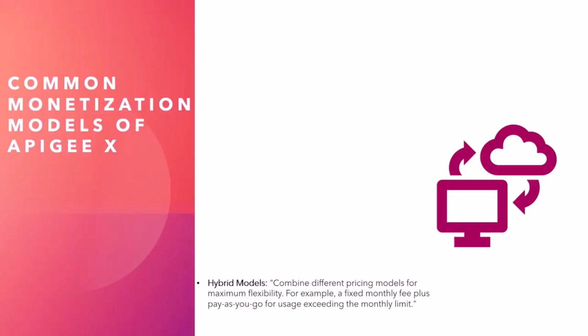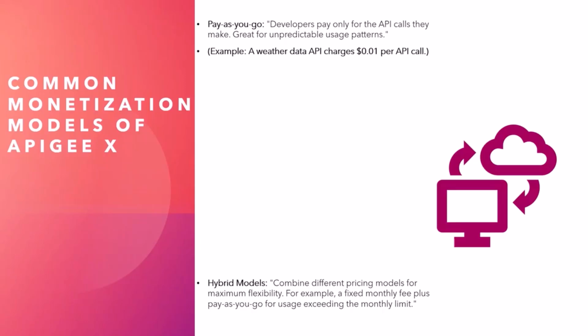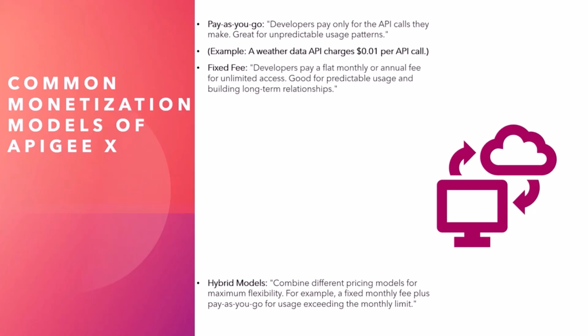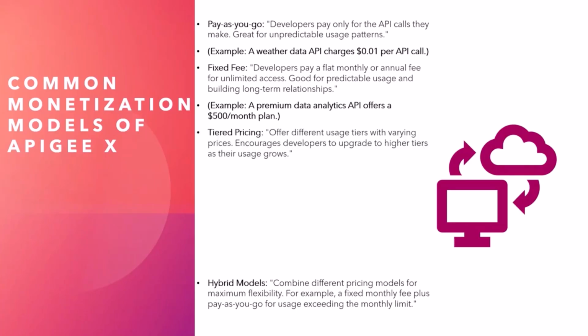So, what are the common monetization models for Apigee? Pay as you go: developers pay only for the API calls they make. Great for unpredictable usage patterns. For example, a data API charges 0.01 per API call, or 1 cent per API call. Fixed fee: developers pay a flat monthly or annual fee for unlimited access, good for predictable usage and building long-term relationships. For example, a premium data analytics API offers a $500 per month plan.